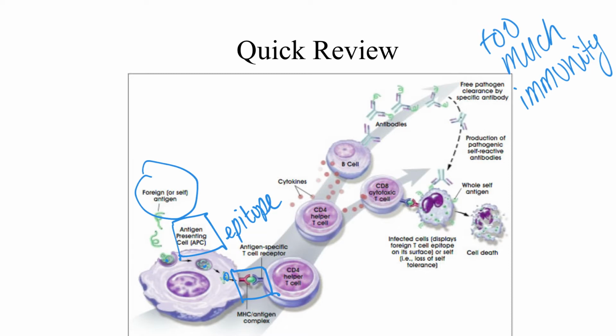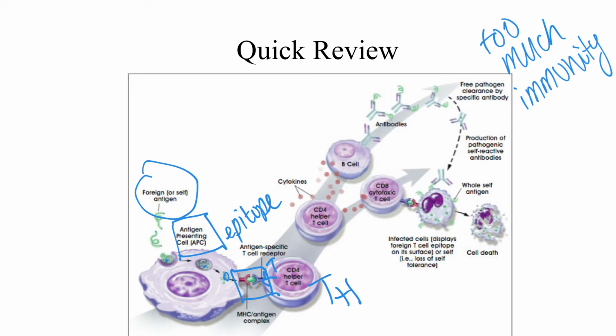By virtue of the circulation, chances are that eventually a CD4, or what we call a T helper cell, will make it to that area and have displayed on its surface a T cell receptor, which you see here in bluish purple, which matches the epitope region that's displayed by the antigen presenting cell.